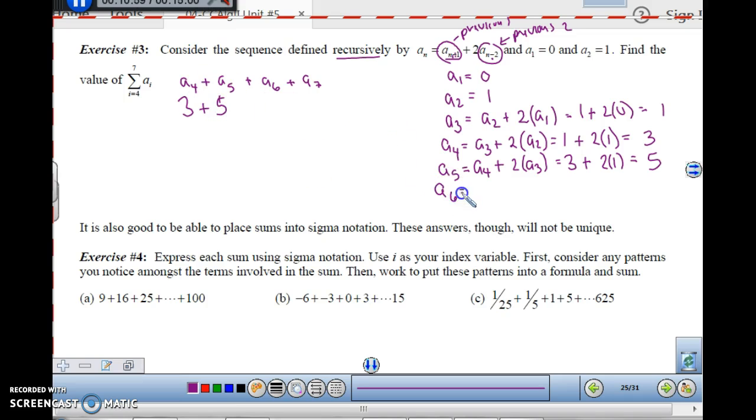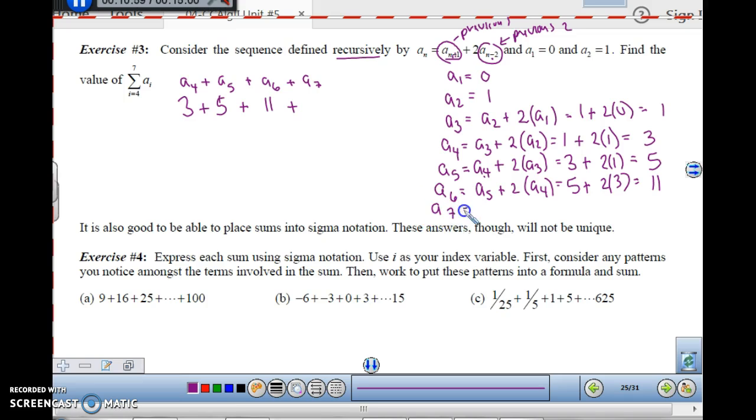Let's do a of 6. One previous would be a of 5, 2 previous would be a of 4. So a of 5 was 5, plus 2 times 3, so that is going to be 11. And we need one more.